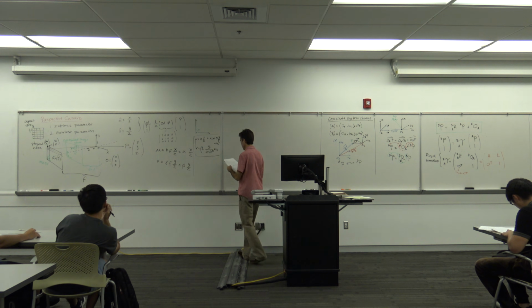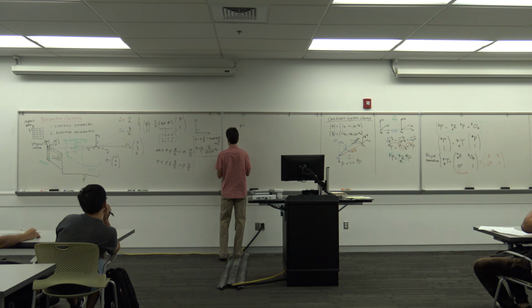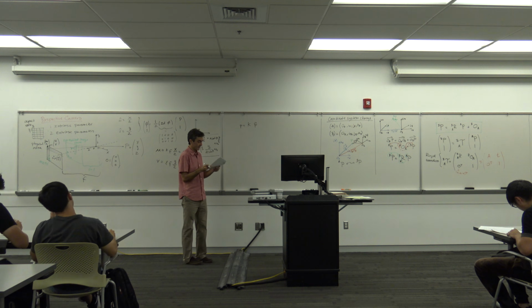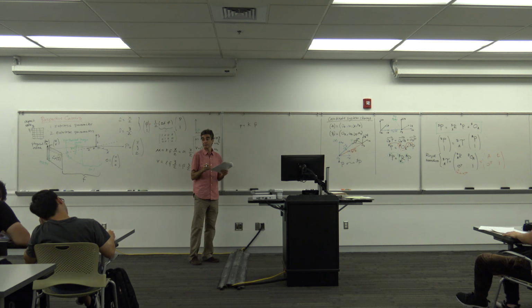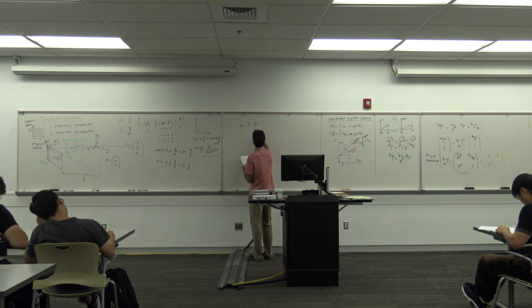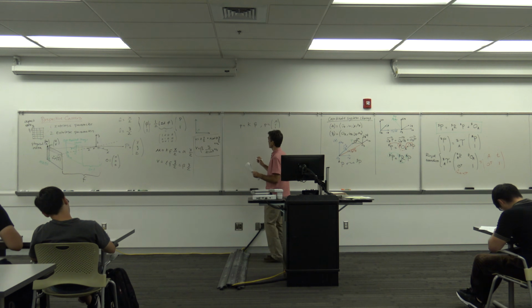I can write my point P equal to some matrix K times P hat. Remember, P is now U, V, 1 given in homogeneous coordinates.